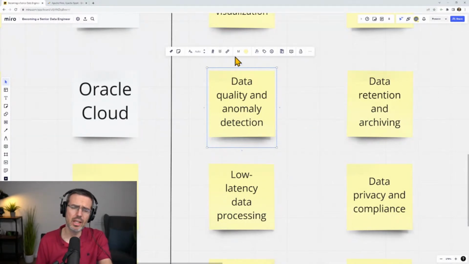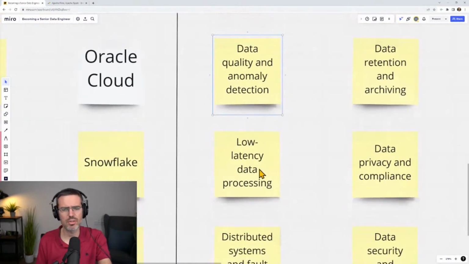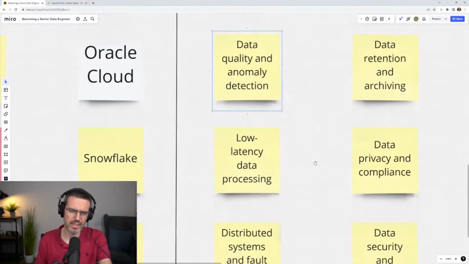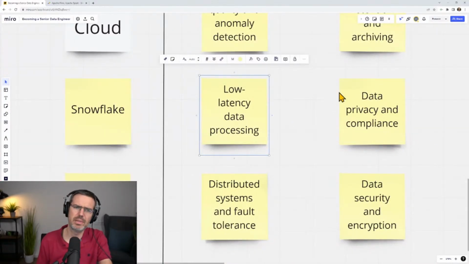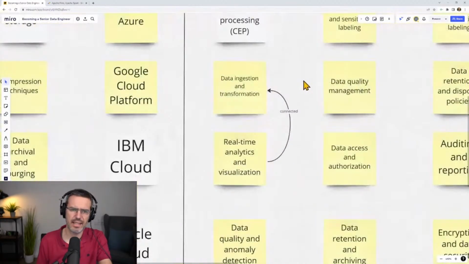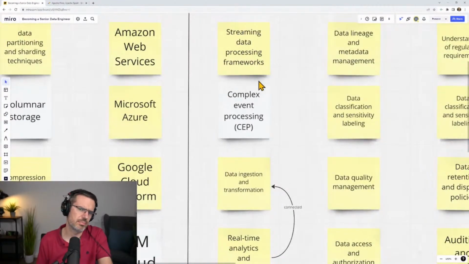I think that's important. As an engineer as well, I mean, if you're a professional data engineer, not a senior data engineer, you should be able to implement this. But I'm guessing conceptually, as a senior, yes. Low latency data processing, that's for me again. Low latency, that's your streaming data processing frameworks.